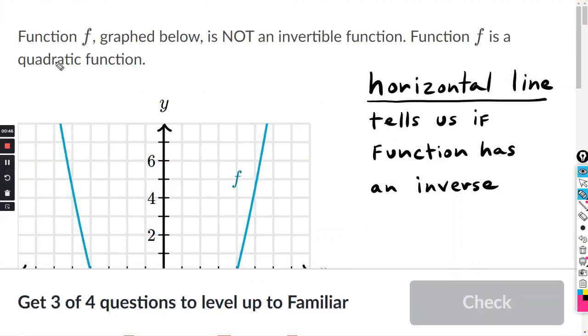All right, so it says function f graphed below is not an invertible function. Function f is a quadratic function.